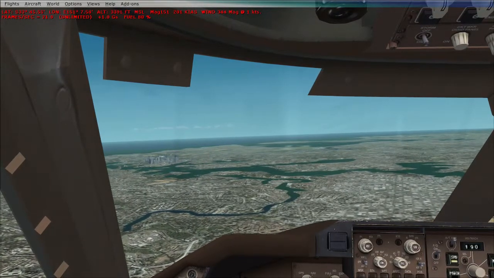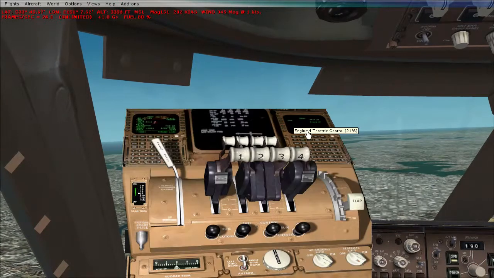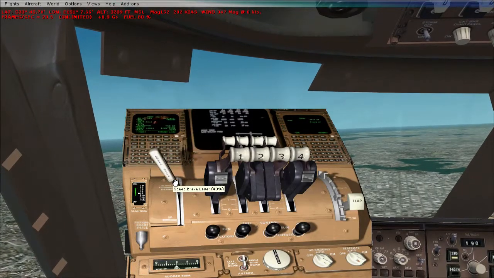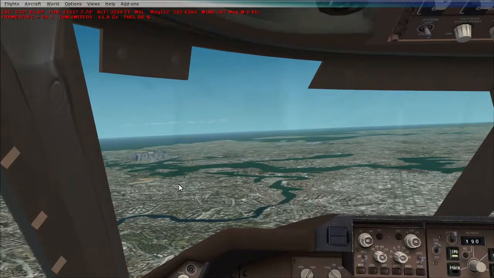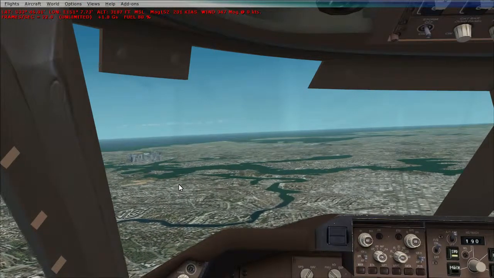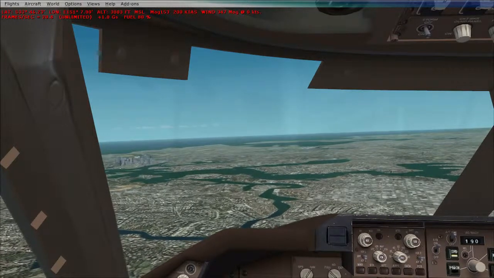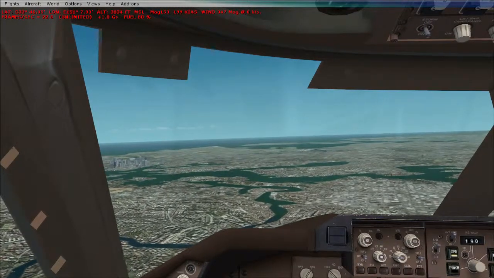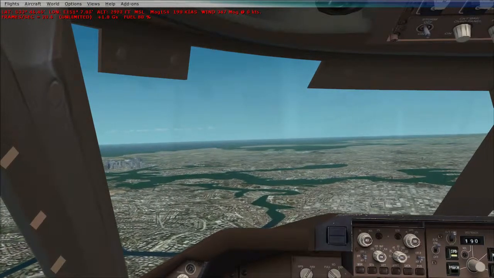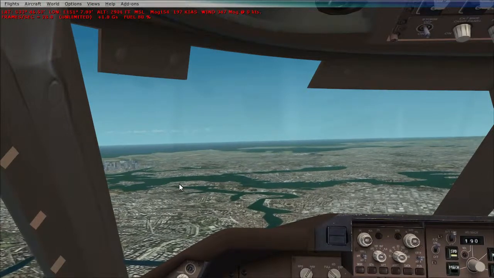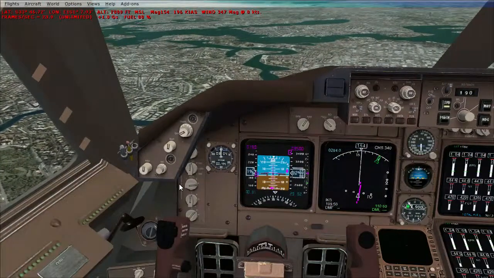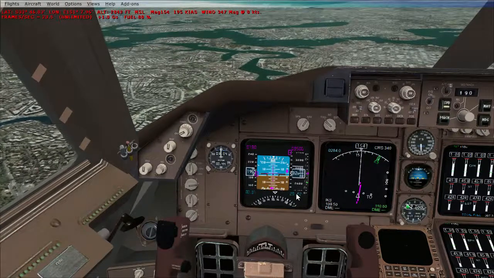Picking up a little bit of speed here, which I don't want, so I shall deploy the speed brake slightly. Straightening out now. You can see the horizon's almost straight.